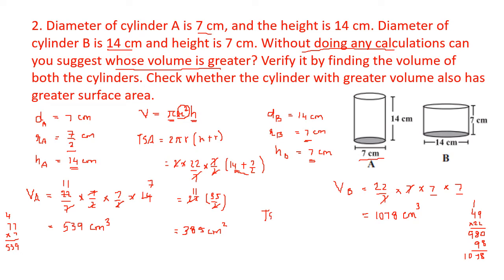The TSA of B will be again 2 into 22 by 7 into 7, R into 7 plus 7, that is R plus H. So 7 and 7 get cut. So 2 22s are 44. 44 into 7 plus 7 is 14.